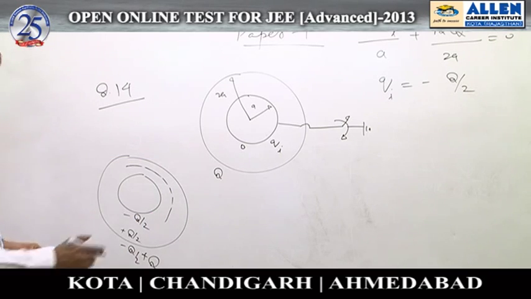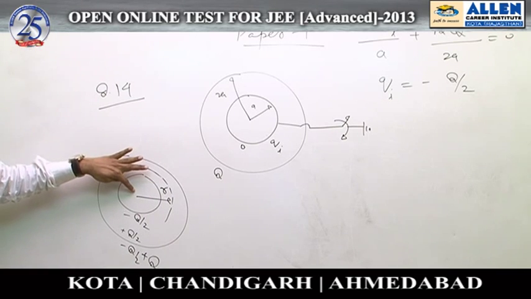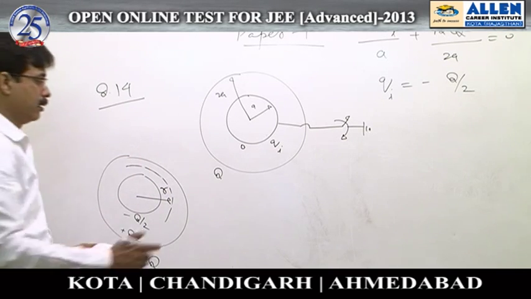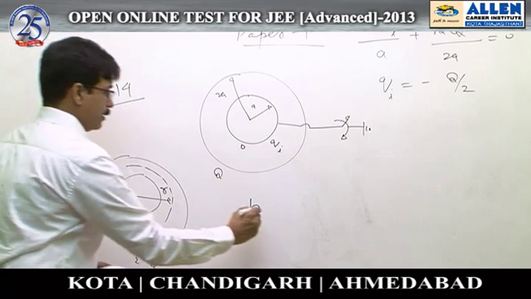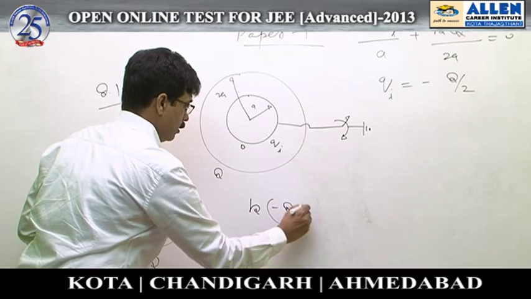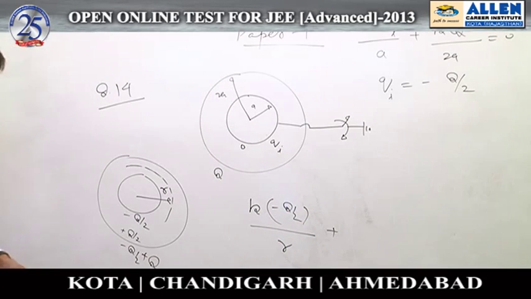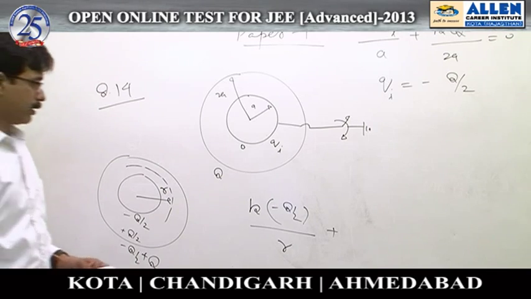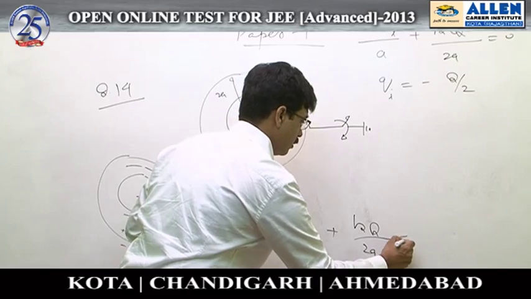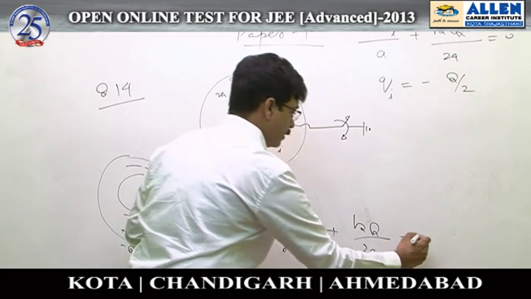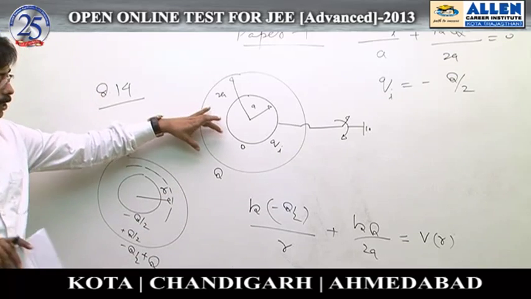In this region, at distance r from the center, the potential is the potential of the induced charge, which is this value, plus the potential due to the charge on the outer surface, which is this value. This is the potential in the region between the shells.